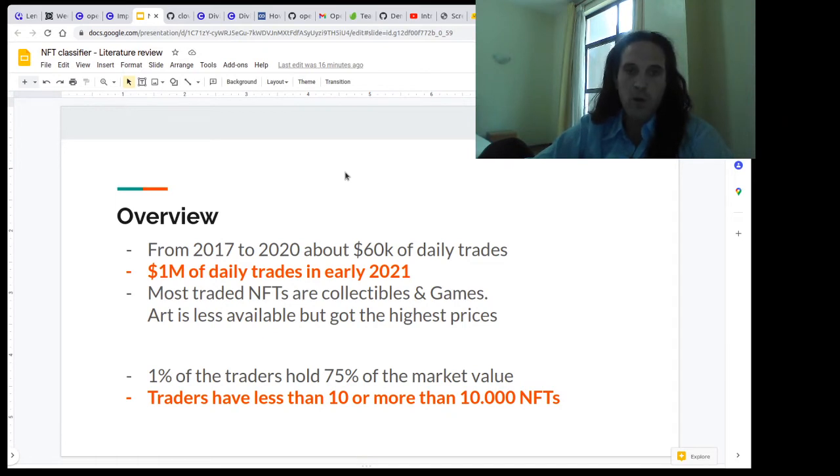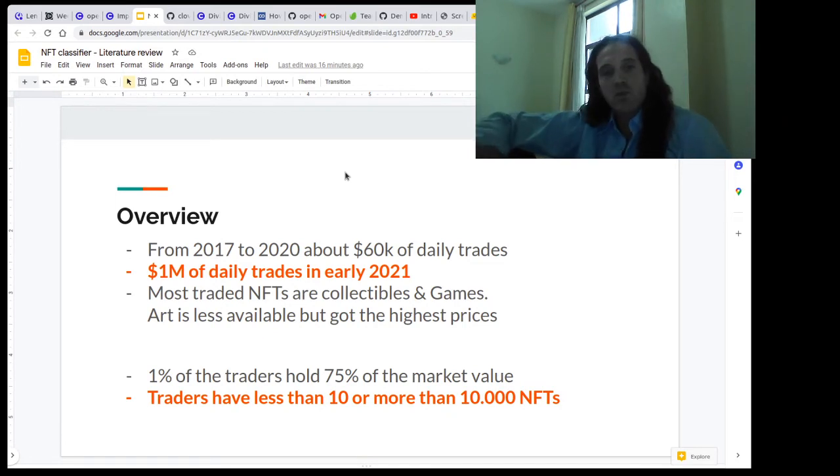As an overview, from 2017 to 2020, about $60,000 of daily trades were recorded for NFTs. This exploded in early 2021, reaching $1 million of daily trades for NFTs only.